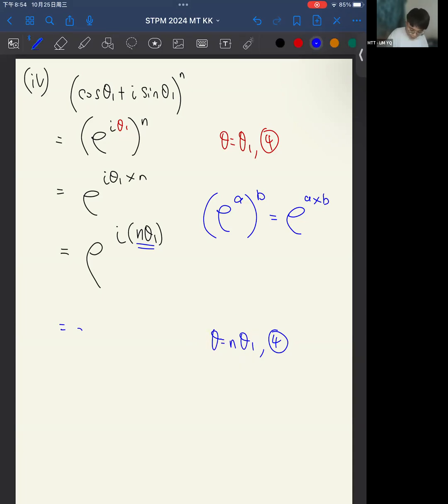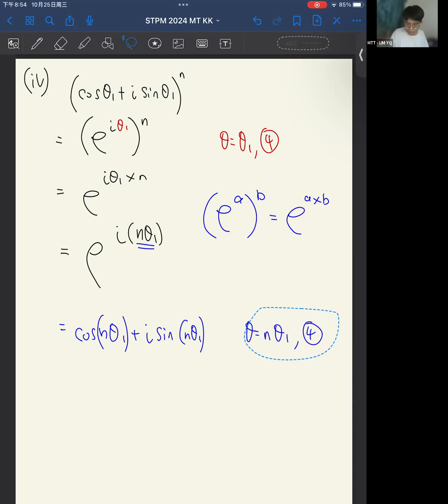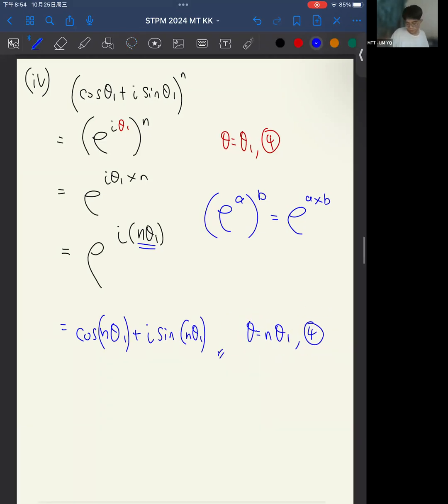So I get cos n theta 1 plus i sine n theta 1. So this is the whole proof. Anything you want to ask?